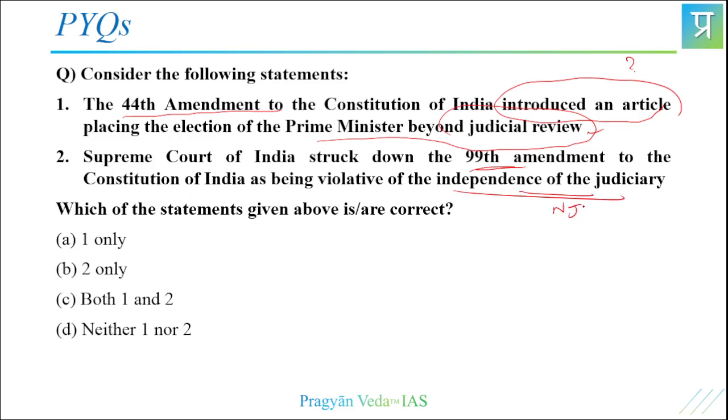Yes, we discussed the NJAC, right? So 2 is correct. About 1 it also seems correct, but I am a little doubtful on the introduction of an article. There were provisions, but no separate articles as such. So I am going with this as not correct, and 2 is correct, so the answer would be 2 only.